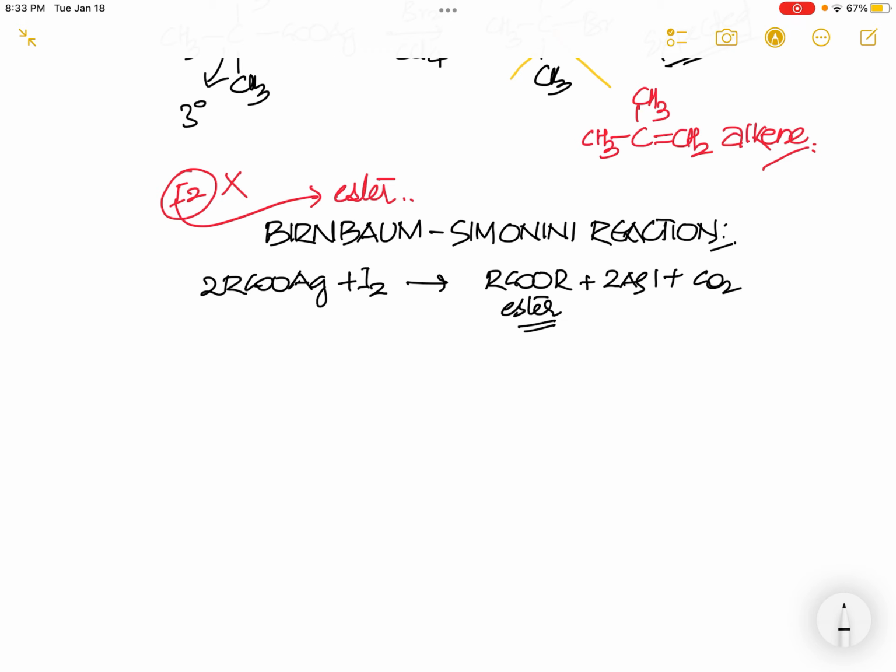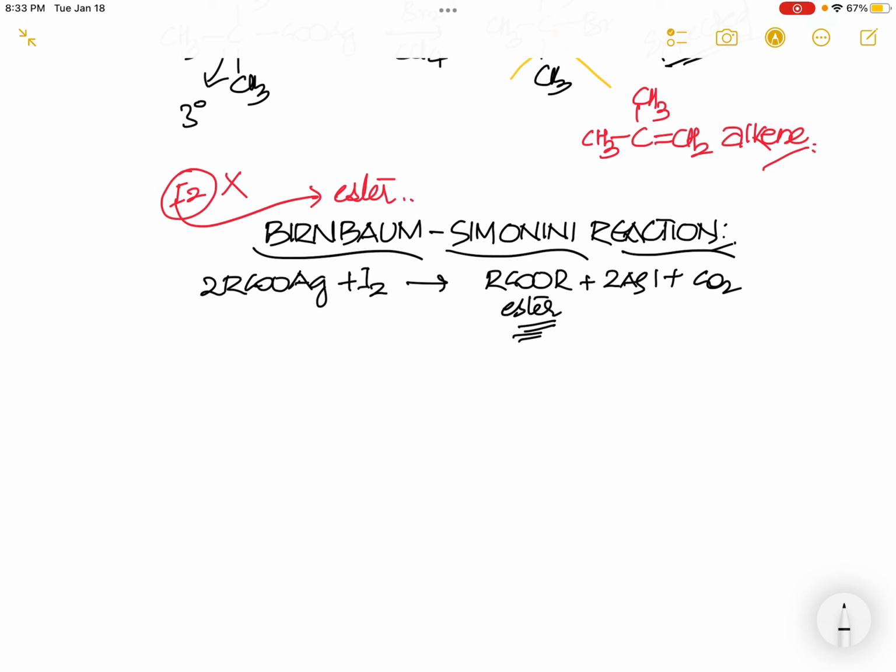Instead of getting RI, you are getting the ester. That's why this reaction is very special. In this method, bromides and chlorides can be comfortably prepared, not iodides. For iodine, the Finkelstein reaction; for chlorine, the Schwarz reaction. Or from alkanes you can prepare, but HNO3 or HIO3 is mandatory. The Hunsdiecker reaction is good for bromides.